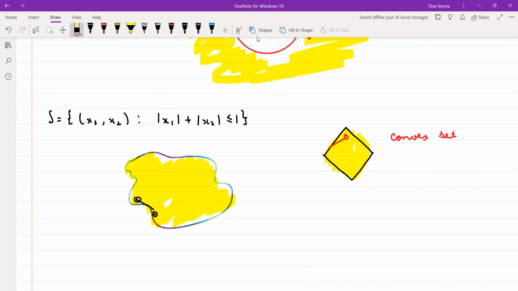You can join them via a line. So I can take 1 point here and 1 point here. If I join them by a line, this line is not in my S. So this is not a convex set. Is it clear? Yes or no?